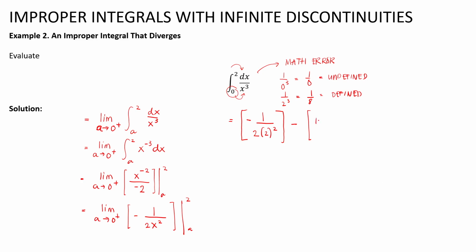So this is the limit as a approaches the right-hand side of 0, and then negative 1 all over 2a squared. Again, x raised to the power of, let's say, 0.0001.